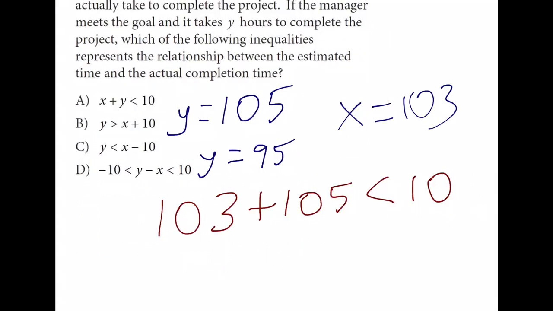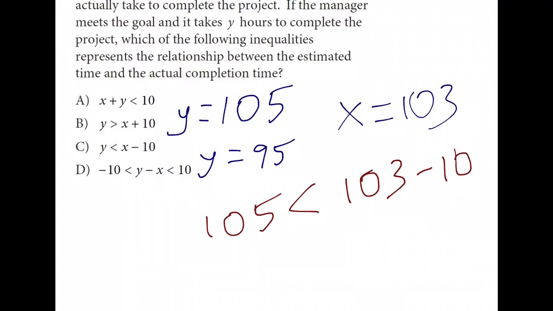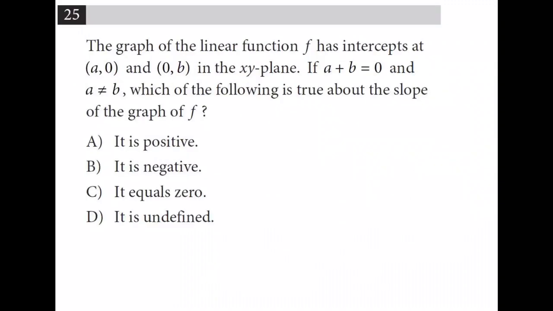Does 103 plus 105 is less than 10 make sense? No. 105 is not greater than 103 plus 10. 105 is not less than 103 minus 10. But if we look at D, our fourth option, and we plug in these values, we see that we get 2 or negative 8, which 2 is less than 10, and negative 8 is greater than negative 10. That's the correct one.